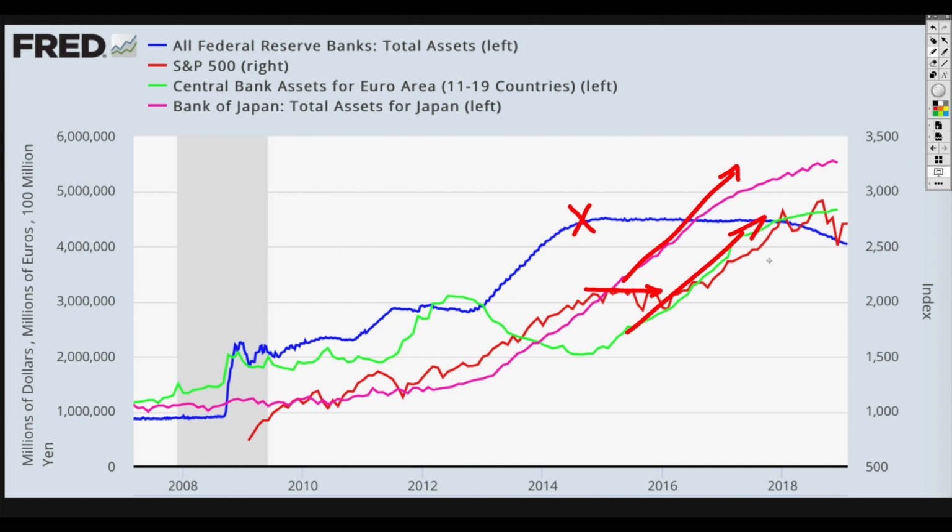However, they continue to expand their balance sheet. The BOJ, although they haven't necessarily said they're going to stop printing money, for a period of time it looked like they were. However, that has changed and now they're back into it. So between the two of them, it is very clear to me what they are trying to do. They're making up for the fact that the Federal Reserve began their quantitative tightening policy.